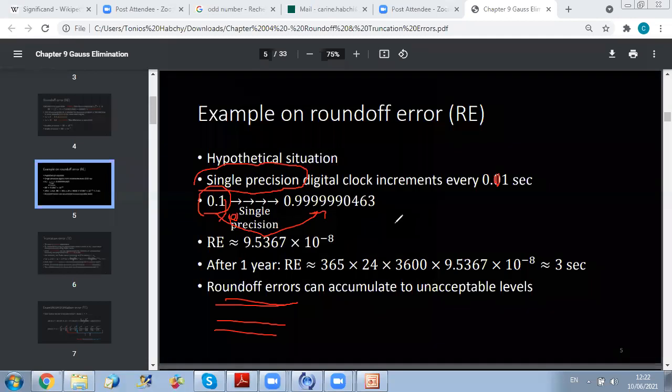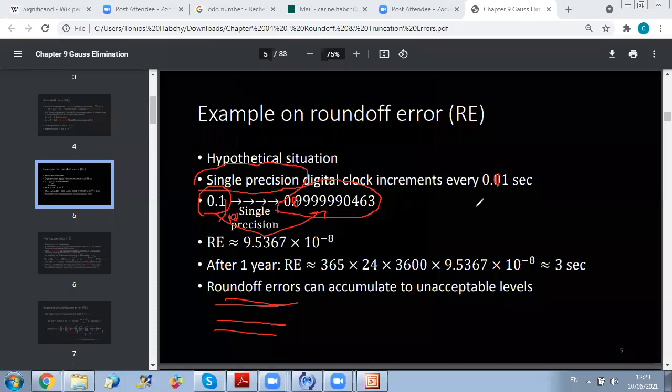So when I go back to base 10, I will not exactly have 0.1. I will have nearly 0.099990463, etc. So this will induce an error, by going from decimal to binary base and then back to decimal base, because your calculator at the end will display a number in the decimal system.